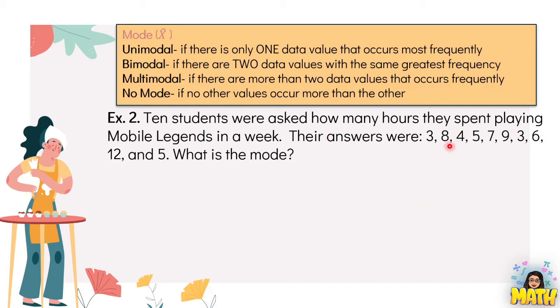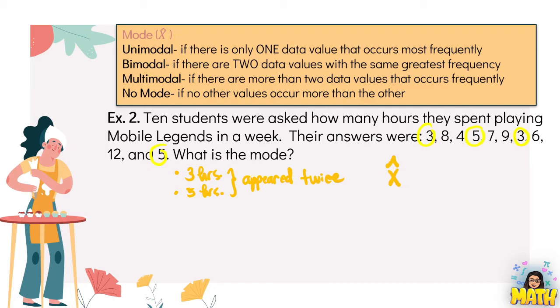We simply need to look for the score or data that appeared more or most frequently. We can see here that 2 students answered 3 hours and another 2 students answered 5 hours. The highest frequency is 2 and there are 2 scores with the same frequency.